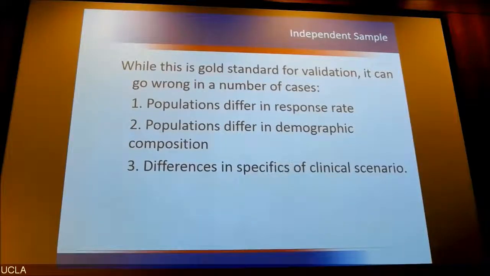Hopefully they don't differ in the collection methodology, but one of my studies unfortunately failed that way, where the two sets used different collection tubes for some reason, and those collection tubes had an influence on the biomarker levels, and it did not work at all well.